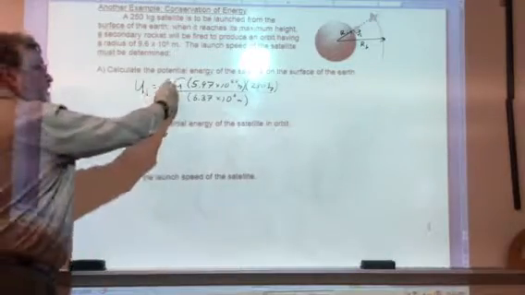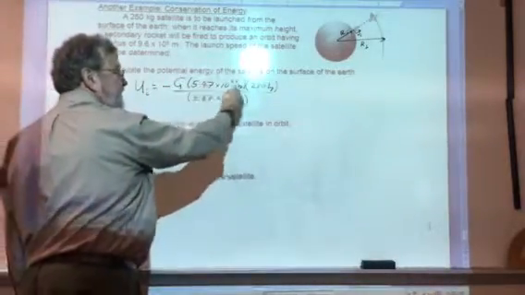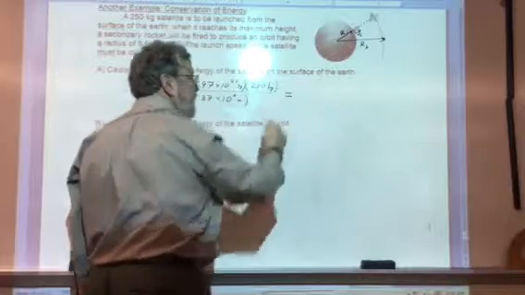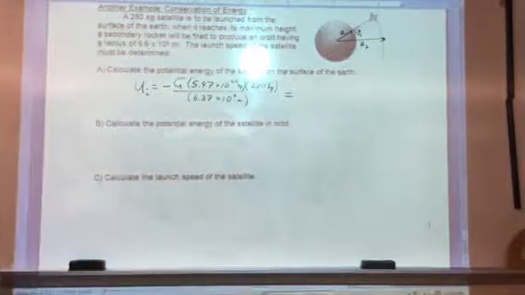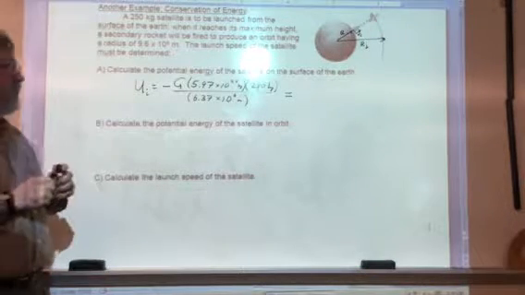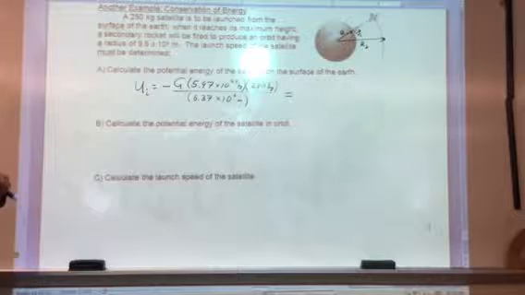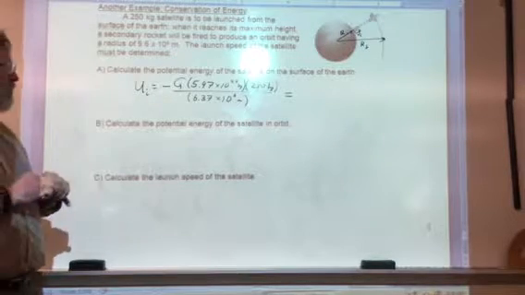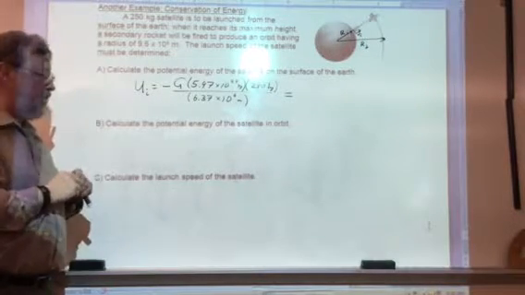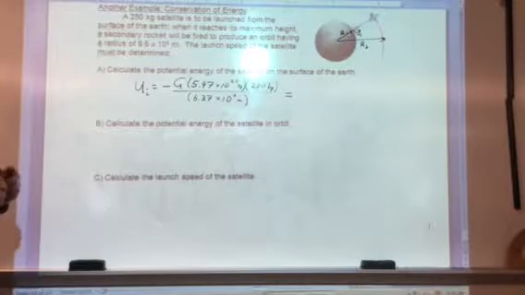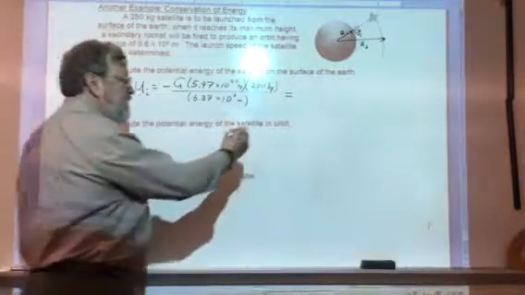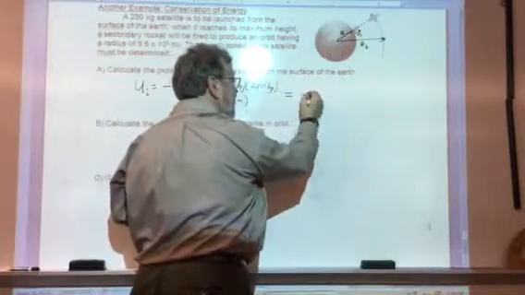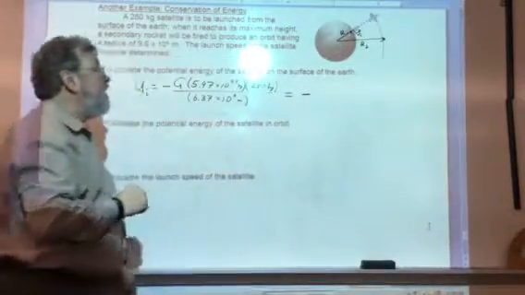So if you put in the G, the 6.67 times 10 to the minus 11, 5.97 times 10 to the 24th, and 250, something like that, this number is going to be a negative number, and it's likely to be pretty big.